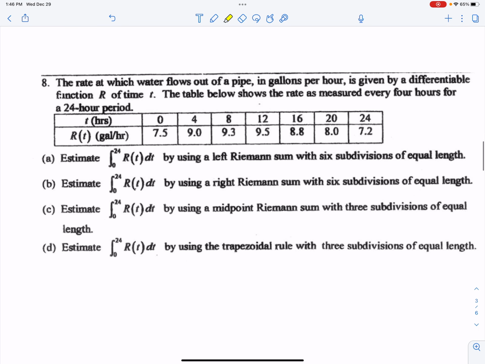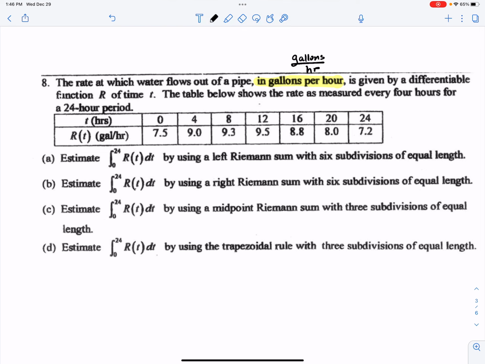All right, so this kind of summarizes what we've done in the do now. The rate at which water flows out of a pipe in gallons per hour, so again, those units are very important, is given by a differentiable function, capital R, of time t.